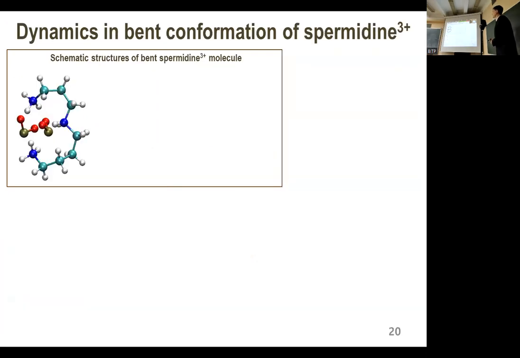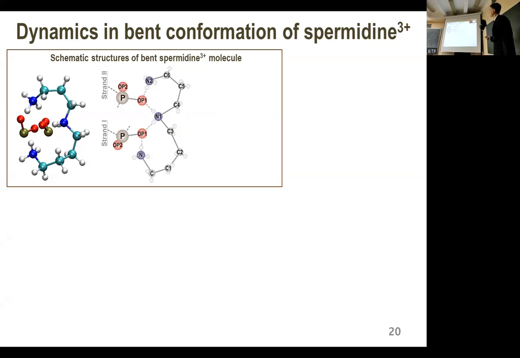So we also analyzed the dynamics in the case of this bent conformation, and we can schematize the polyamine molecule with the phosphate groups in such a way. You can see this interaction.